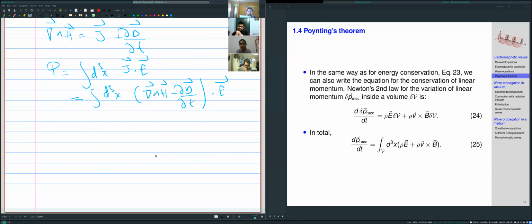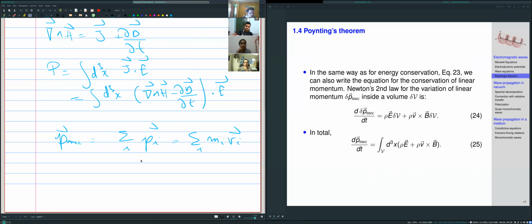Okay, so maybe I should write it down. So this is the total momentum of charges inside a volume.